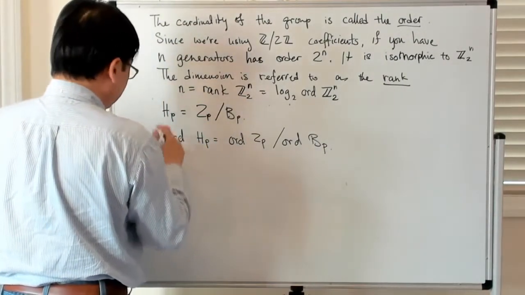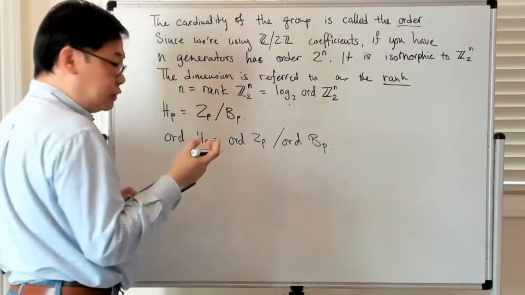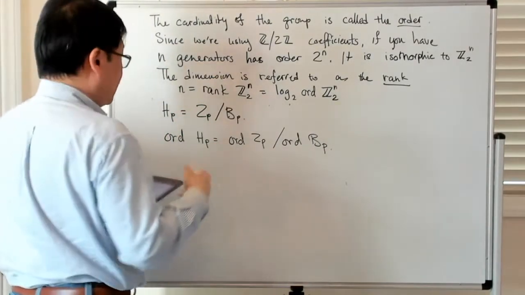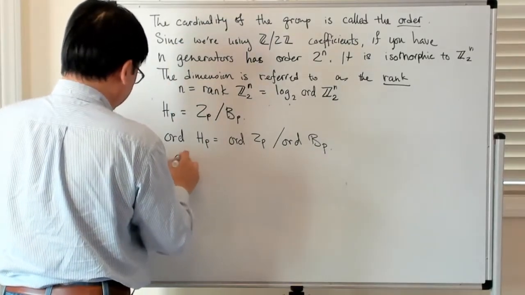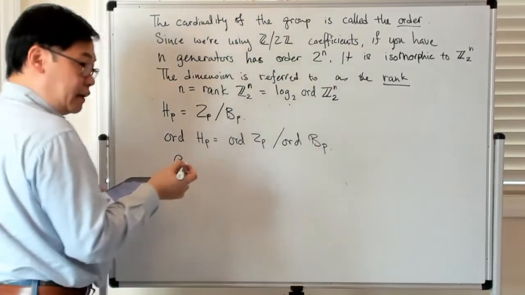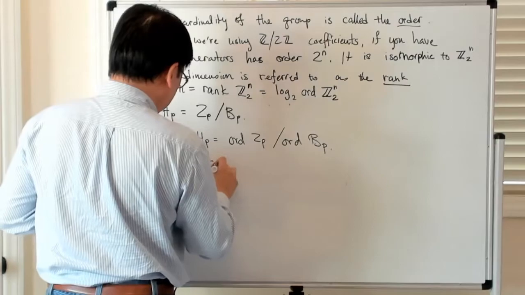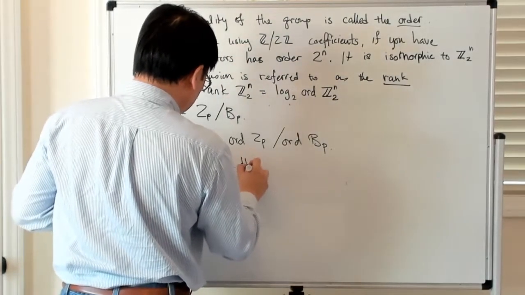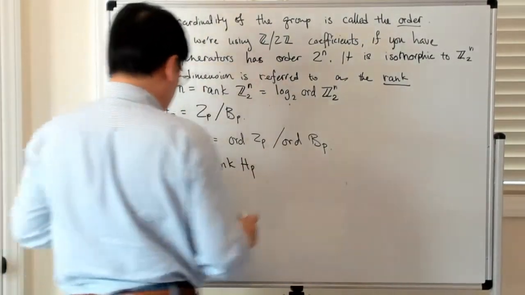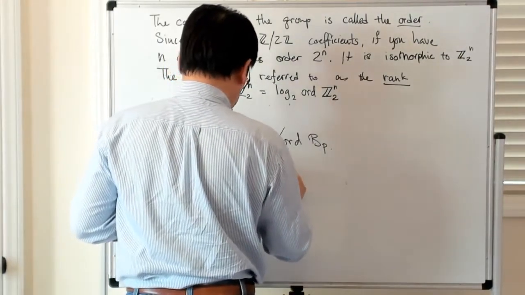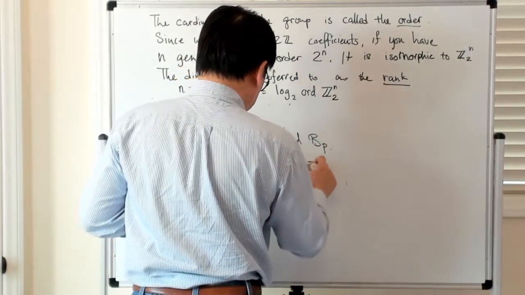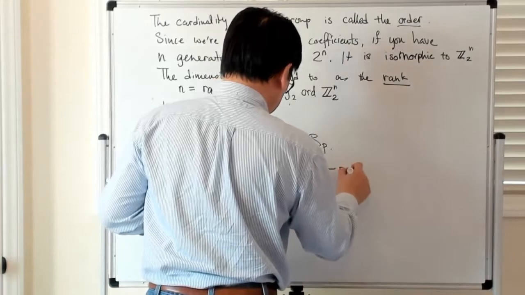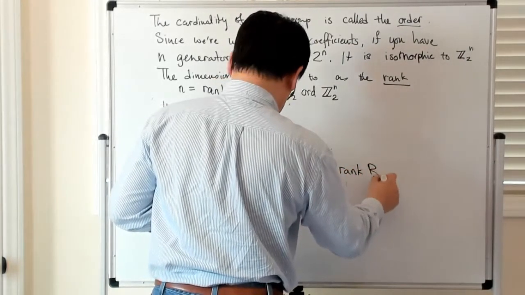We know that the rank of this p-th homology group is what we've referred to as the Betti numbers. So beta P, which is the p-th Betti number, is equal to the rank of HP. And it turns out that this is equal to the rank of ZP minus the rank of BP.